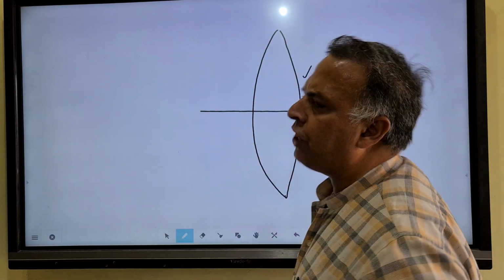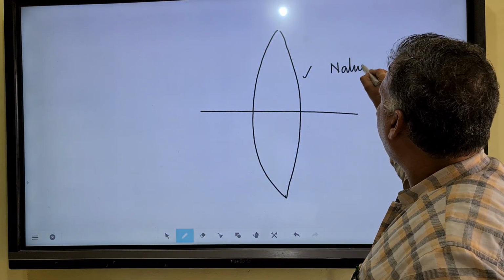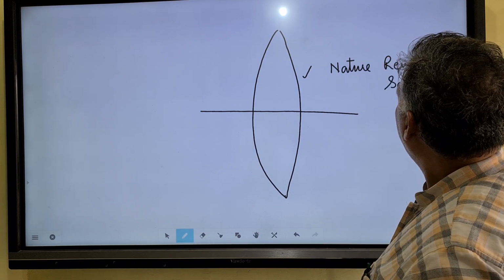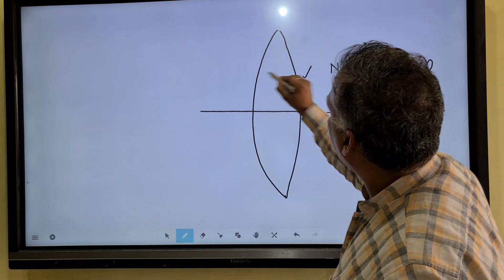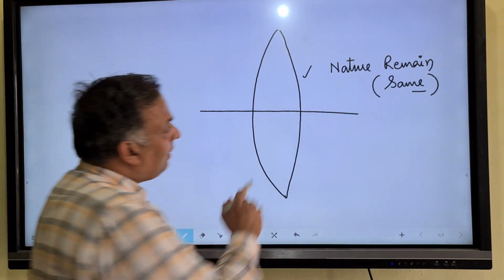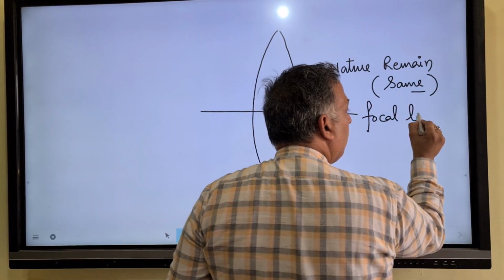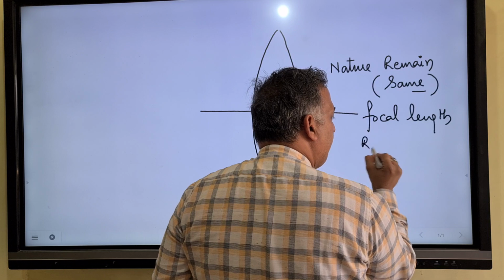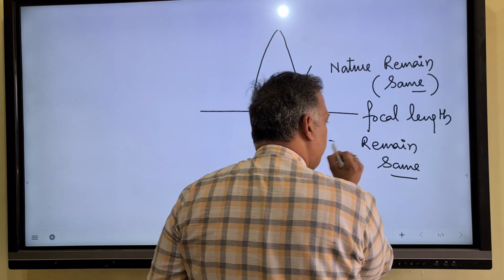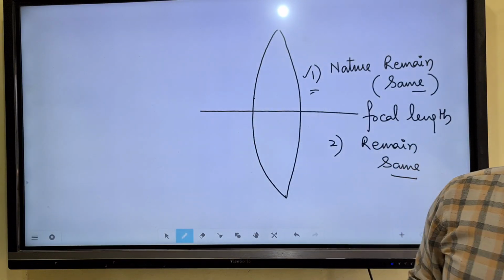Its nature remains the same. As it is biconvex, it remains biconvex, and its focal length also remains the same. So in case one, the nature remains the same and the focal length remains the same.